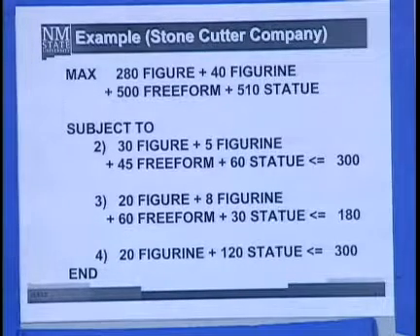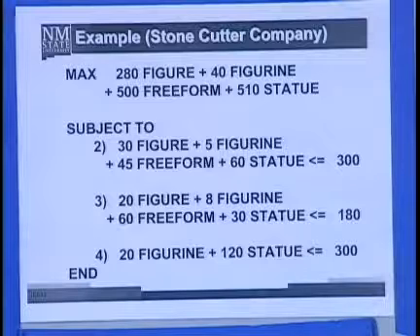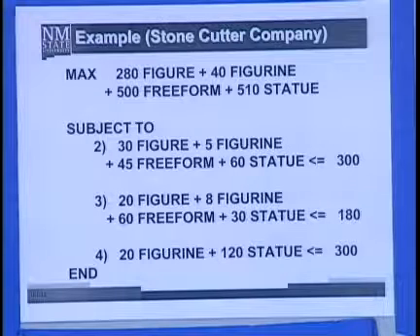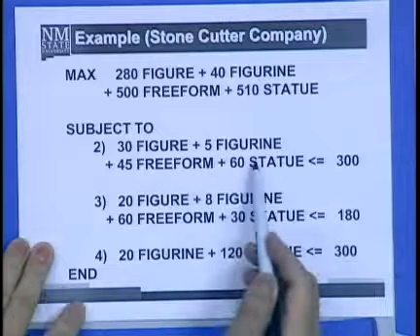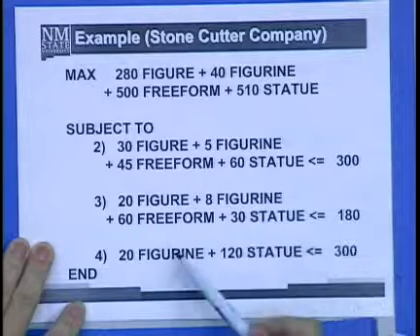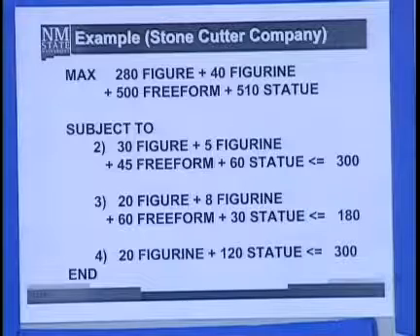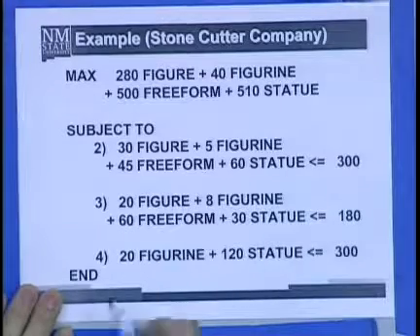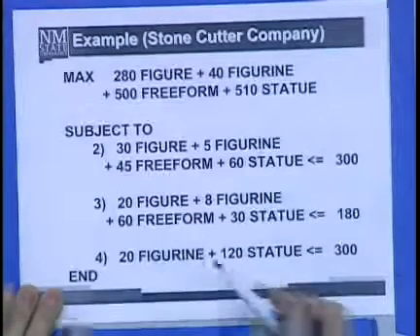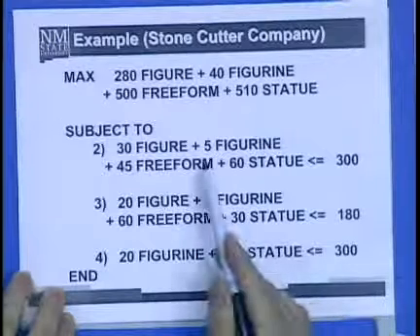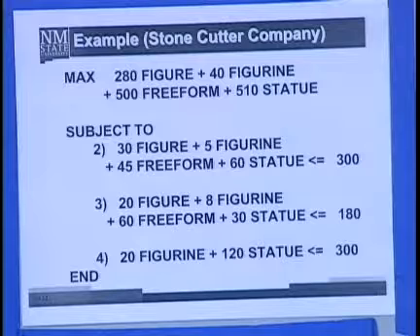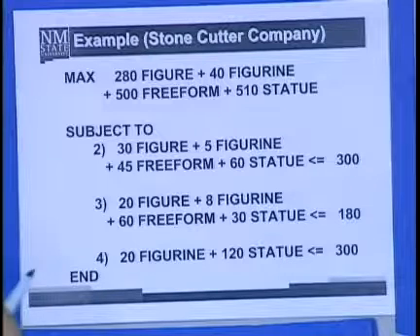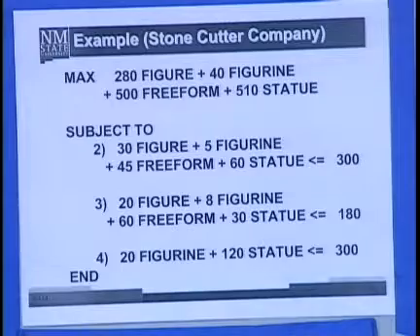The primal LP is a maximization problem, and it has 4 decision variables and 3 constraints, which means in the dual problem we will have a minimization problem with 3 variables and 4 constraints, right?